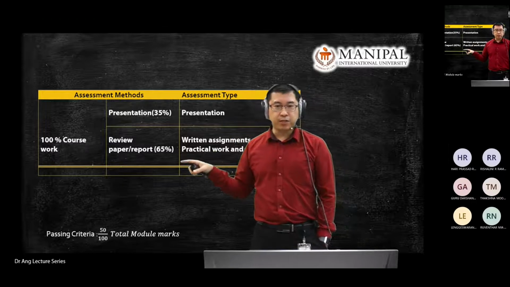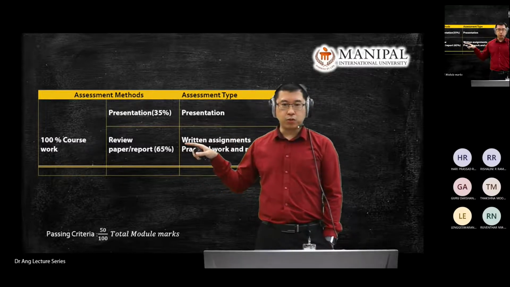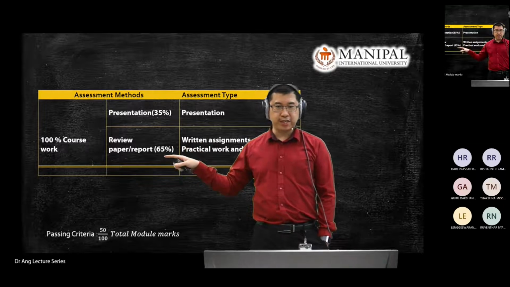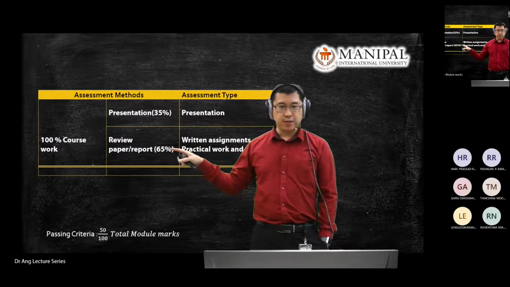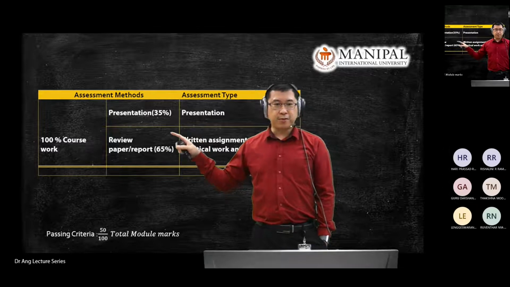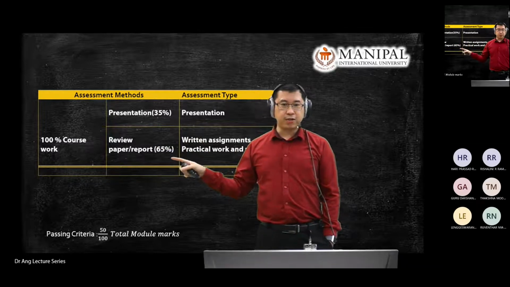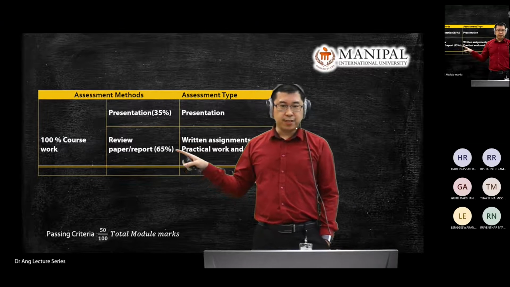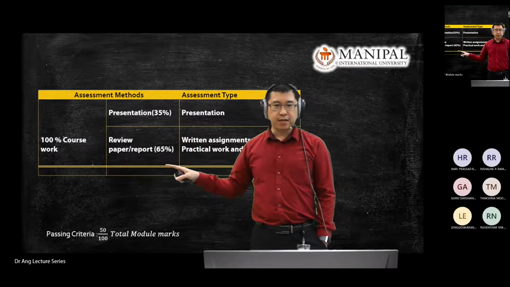I'll teach you how to do the introduction, the methodology, the conclusion, the referencing. Every time I talk about that particular subject, make sure you do the homework after that. Then you follow along, and by the end of the semester, you should be able to hand in a good report.